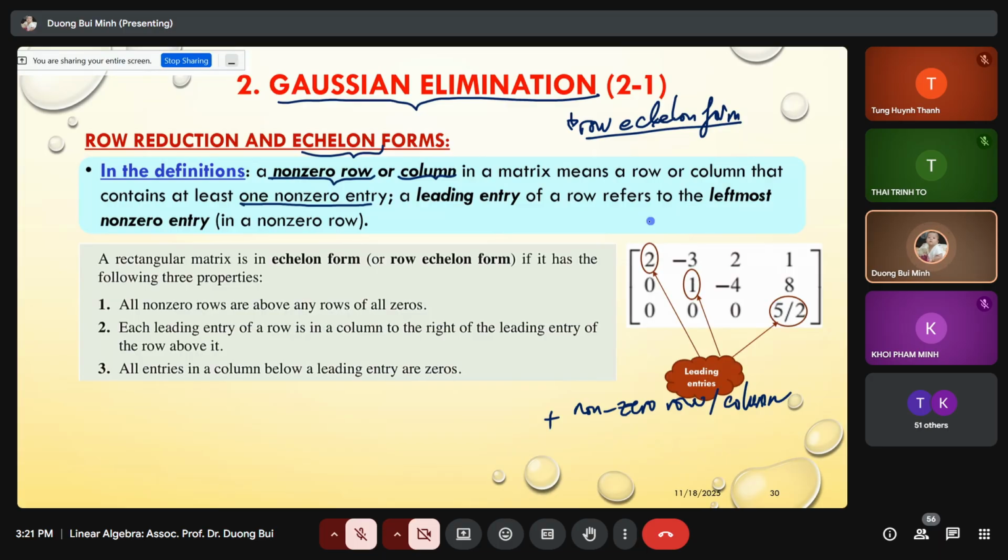What does entries mean? We can say this element, or we can say this one, the entries.